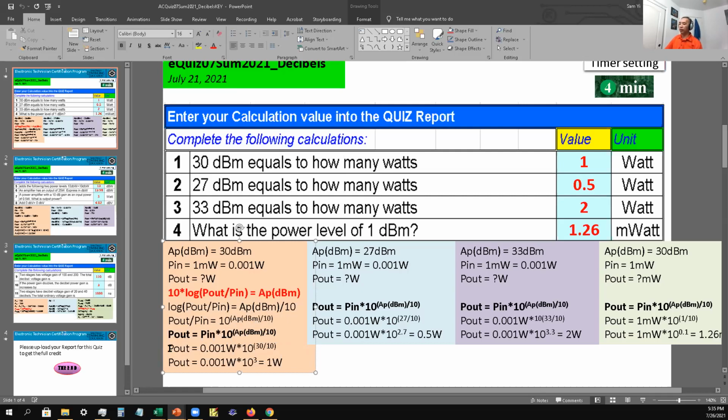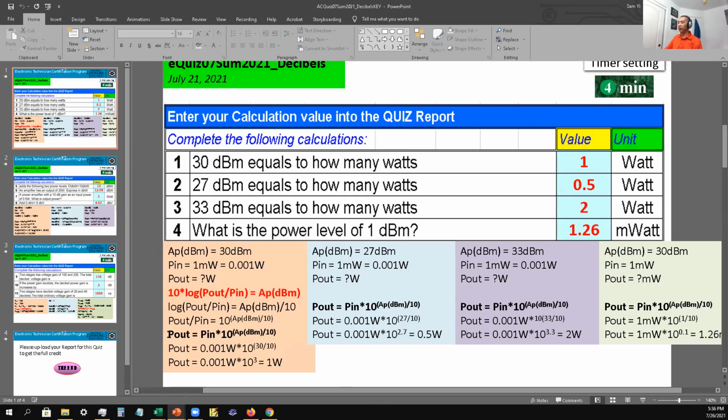Now I put in the value: P out equals 0.001 watt times 10 raised to 30 divided by 10. 30 divided by 10 is 3, so 10 to the third is 1,000. 1,000 times 0.001 watt gives you 1 watt.